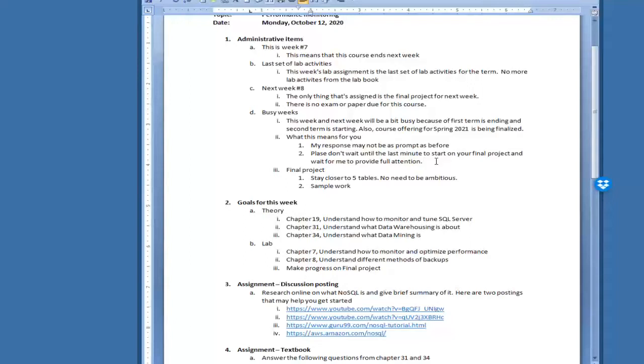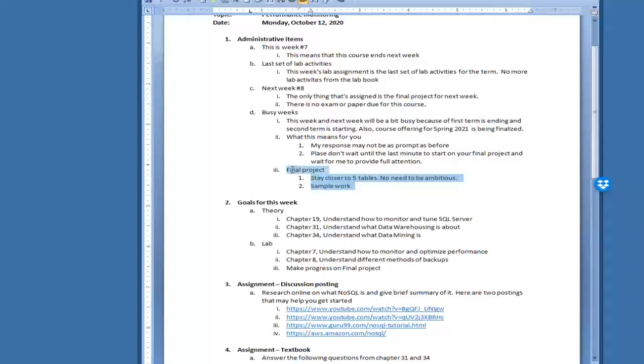The Blackboard may not be working at all times because everybody's trying to access it. Maybe the SQL Fiddle may not work because millions of people are trying to access it around the world. So things are going to be a little hectic. Please plan accordingly so that you don't get stuck on technical difficulties.